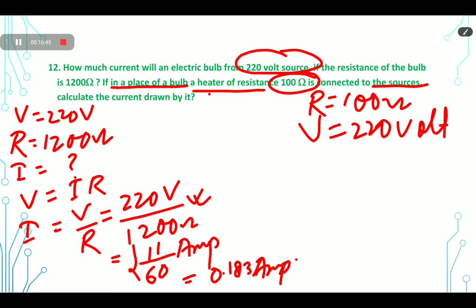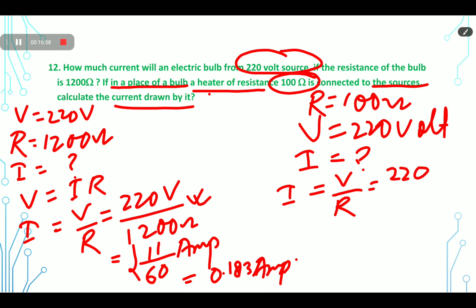So, how much amount of current is drawn by the heater? So again we have to calculate current. Now we know that current is equal to V by R. That means 220 volt by 100 ohm resistance. It could be cancelled. So it becomes 2.2 ampere. So this is the solution for the question number 12.